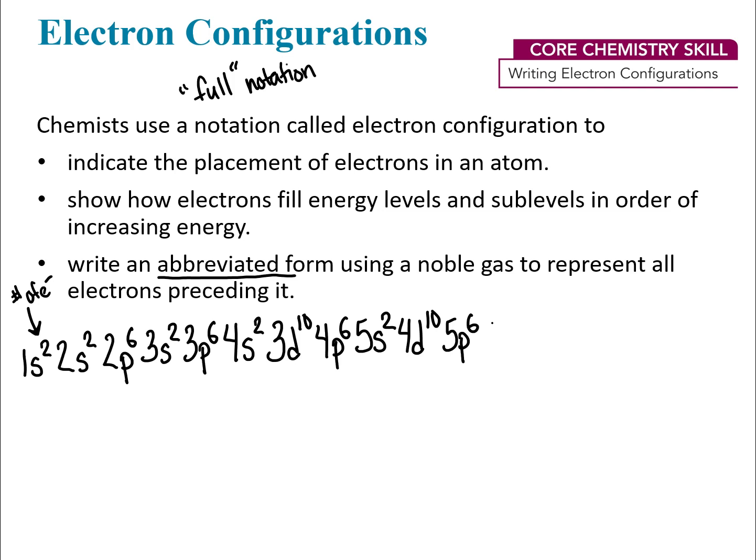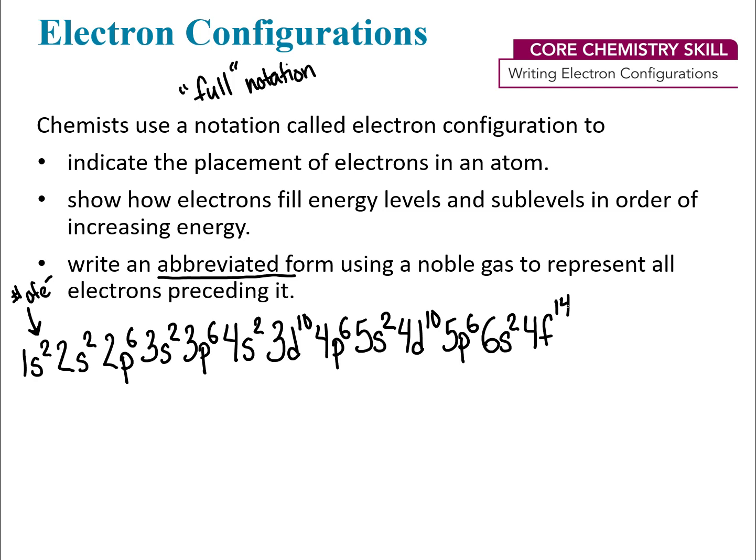The 6th period is a little bit different still. So we fill the s, which is normal. Then we're going to bring out these f orbitals. We didn't talk about the shape of the f, but they exist. And I'll show you where they are, where the elements are that fill the f orbitals on the periodic table. There are 7 orbitals in the f, which means they can hold a total of 14 electrons.